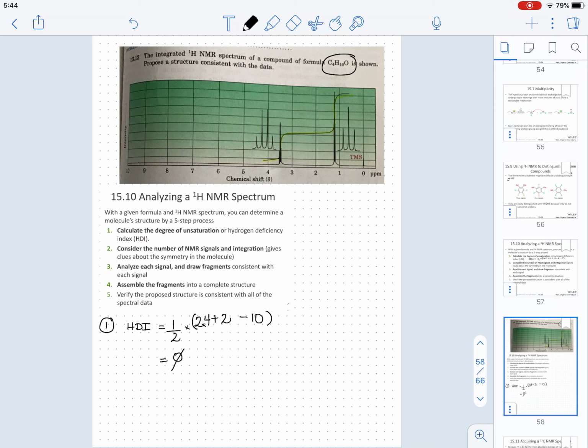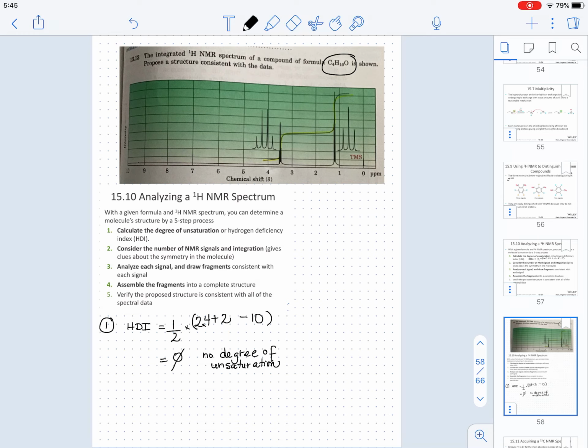So understand that when we have an HDI of 0, this means that there is no degree of unsaturation. And what this means in the context of the molecule is that for this particular molecule, we're not going to have either cyclic systems or double bonds.